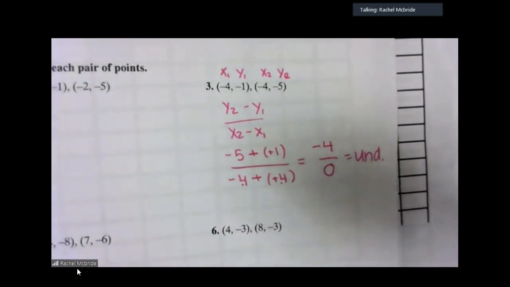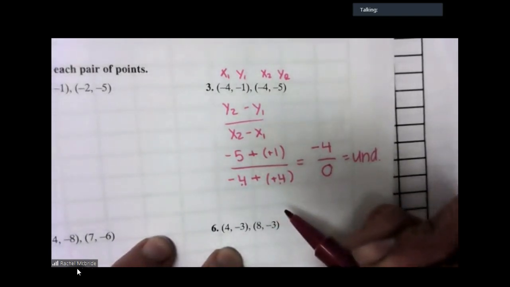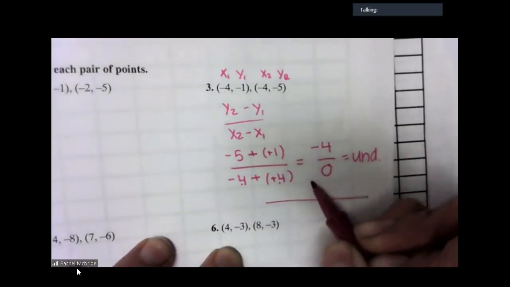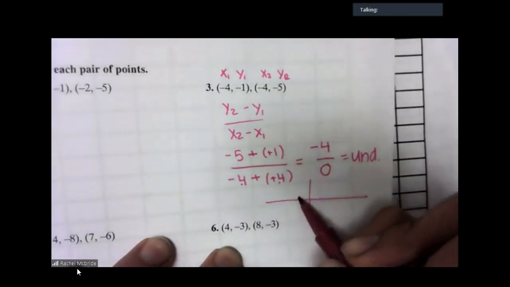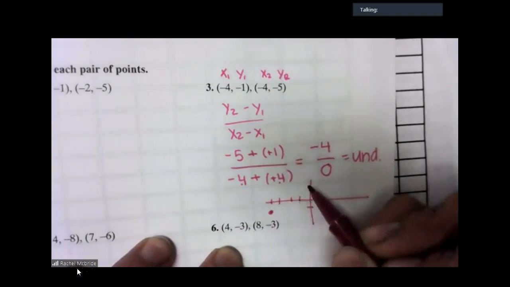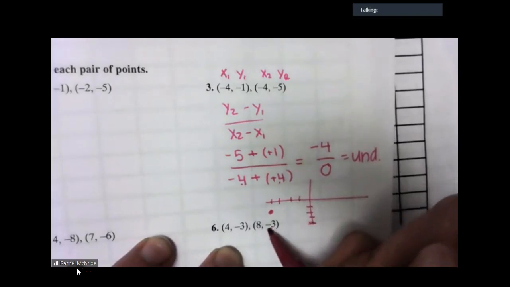What type of line is that? No? What is it? Yeah, but what type? It's one of those two special lines we've been talking about. Vertical, very good, guys.